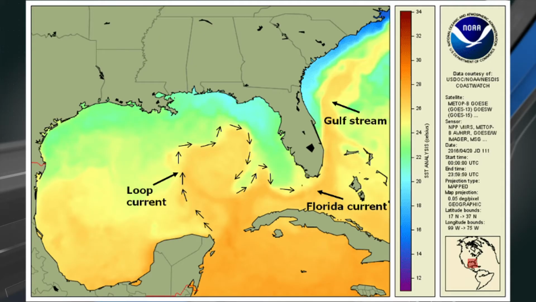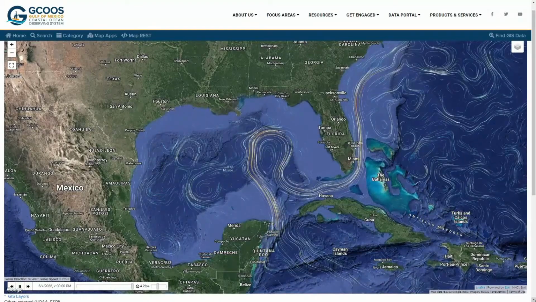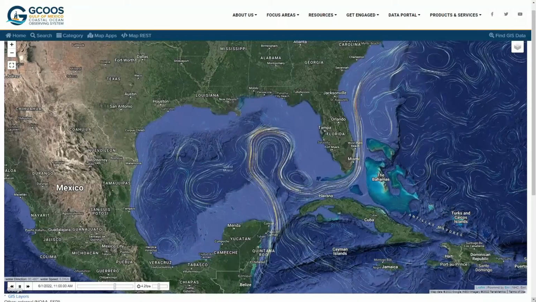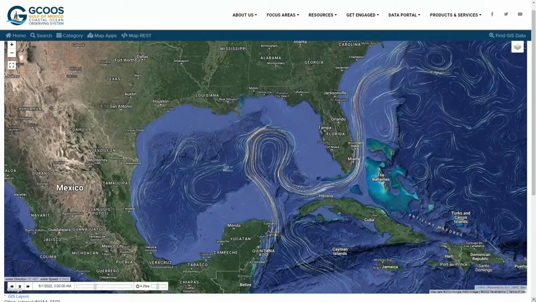And it's actually a very integral part of the Gulf Stream system, and that includes the North Atlantic Gyre as well. So it's a very important current in terms of circulation in the North Atlantic Ocean, and especially in the Gulf of Mexico, because it's our major source of warm water to fuel hurricanes.